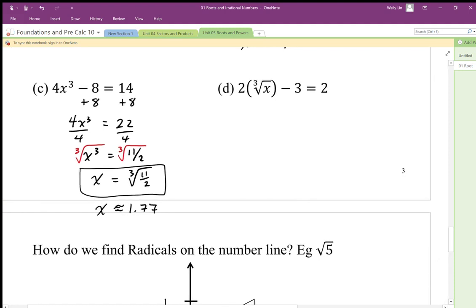So here we're going to undo this, or solve. We undo the minus with a plus. We're going to undo the times with a divide. And we're going to undo this cube root with its opposite, which is a cube.